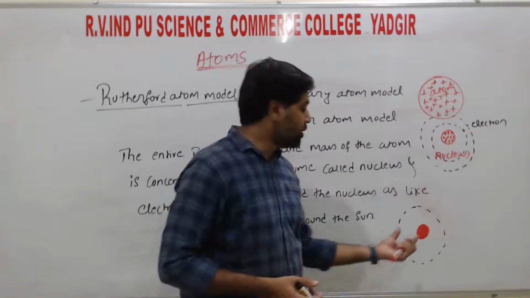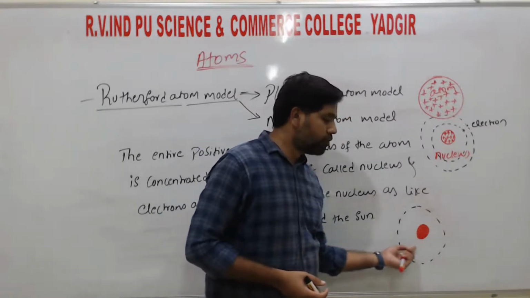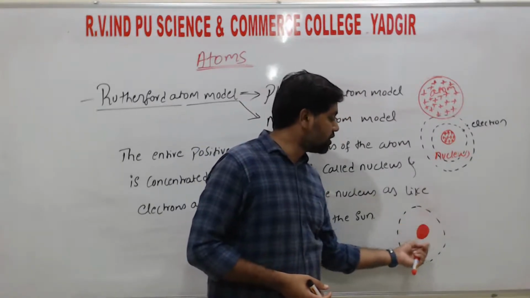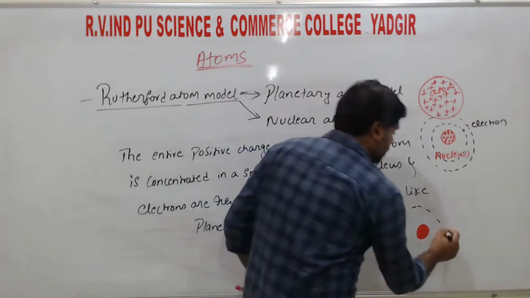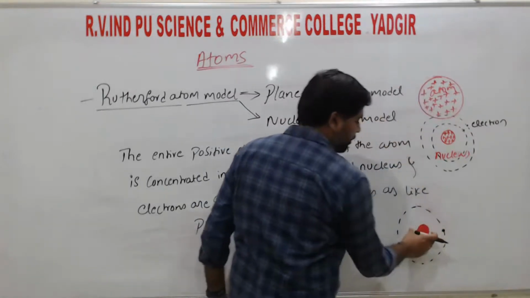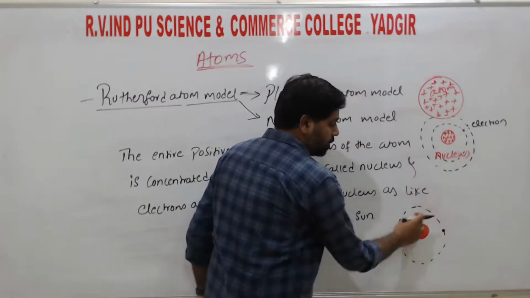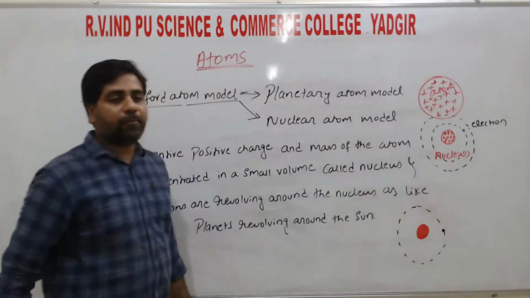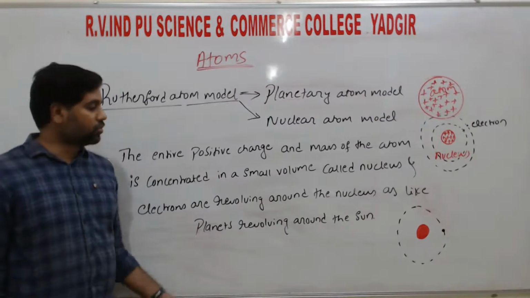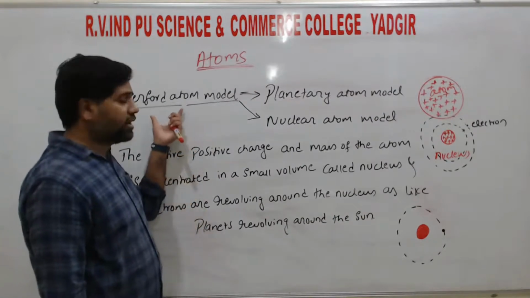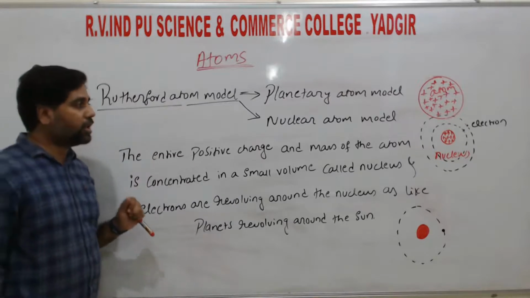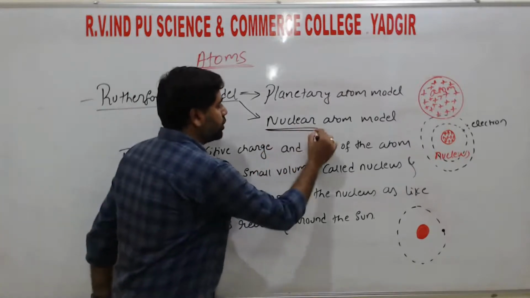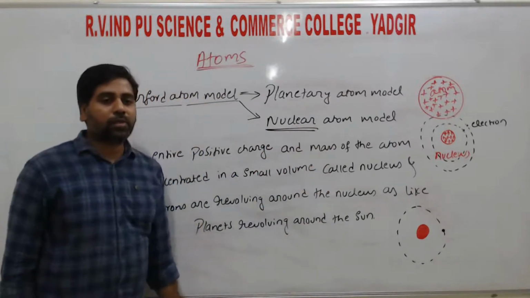Then if you observe here, there is almost empty region. So between the nucleus and the revolving electrons, there is empty space, right? So this is given by Rutherford. The first time he introduced the concept of the nucleus, right?